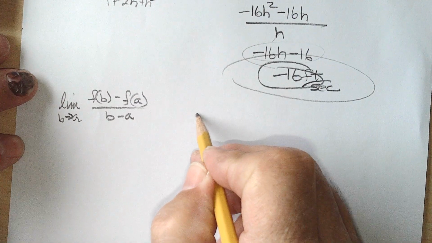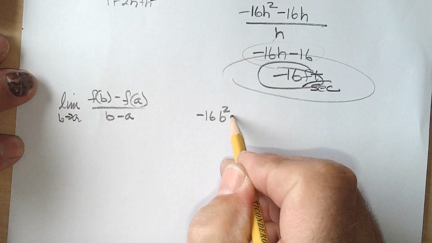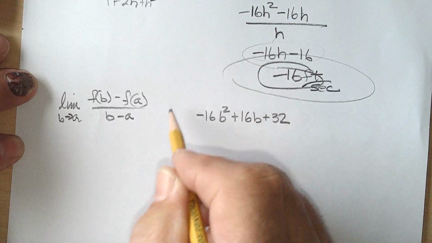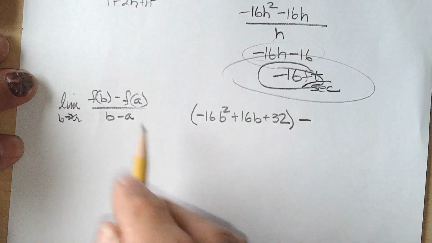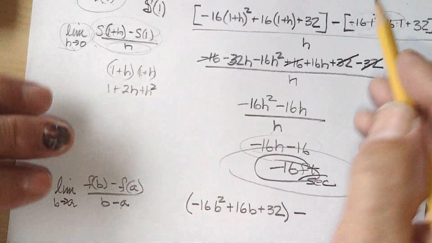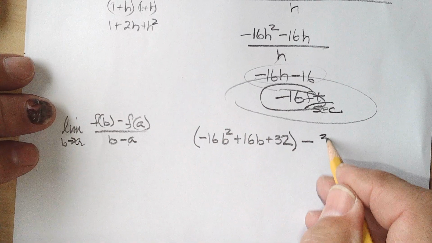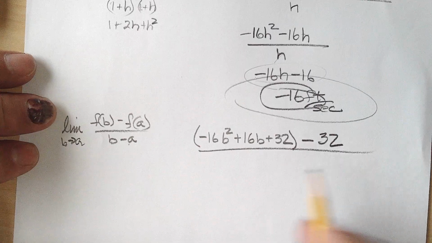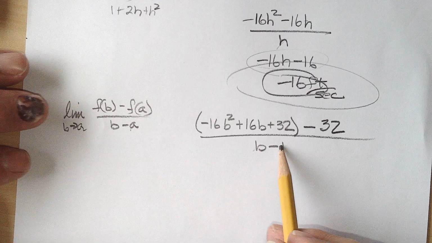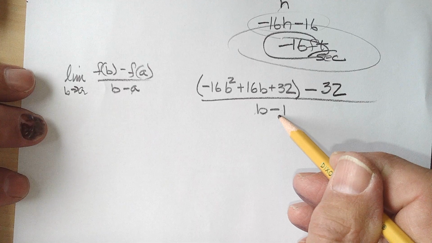So that's going to be minus 16 times b squared plus 16b plus 32 minus, and in class I put in a, but a was supposed to be 1. So, when we put 1 in, we did it up here, we got minus 32 over b minus 1. So I had a's in here, which made it look messy, but if I put the 1s in, it's not so bad.